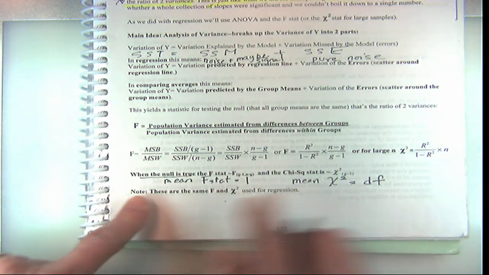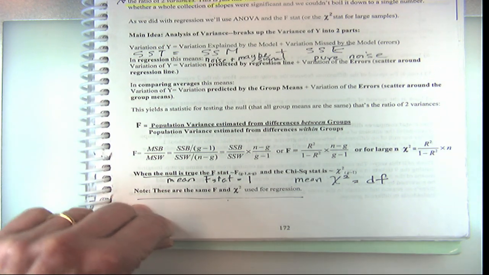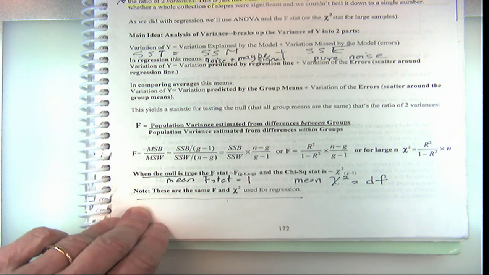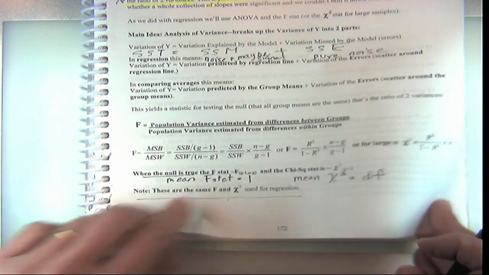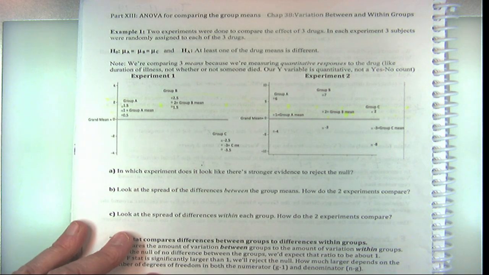All right, and you're going to see these are exactly the same things we did before, but let's just jump right into an example so you can get the idea of what I'm talking about better. All right, so here's an example. Boy, is this hard to see, but you have your notebooks here. I'm going to zoom in a little bit.